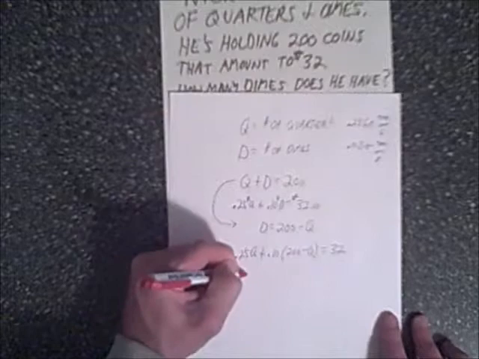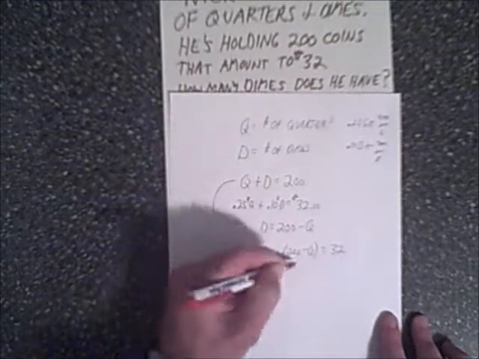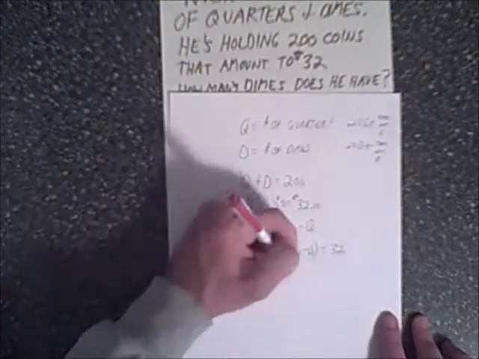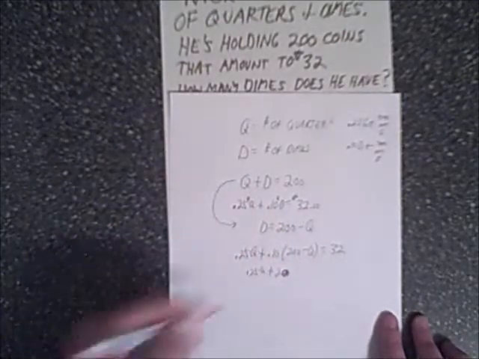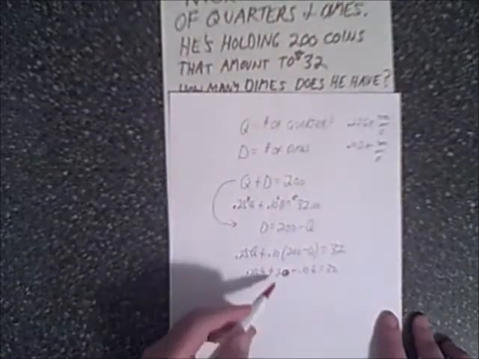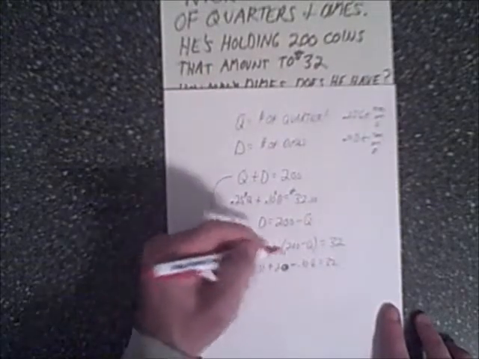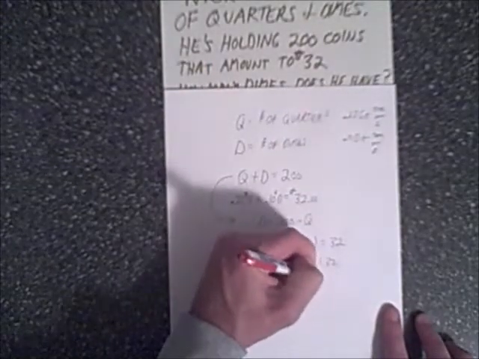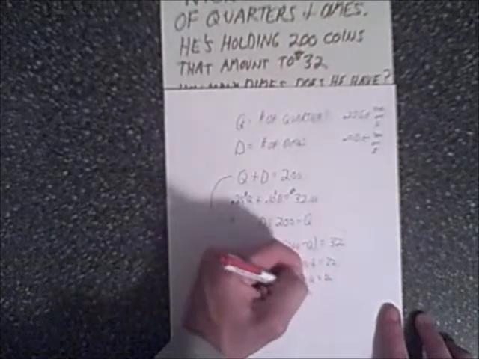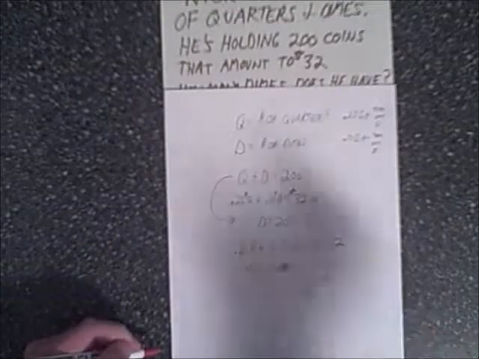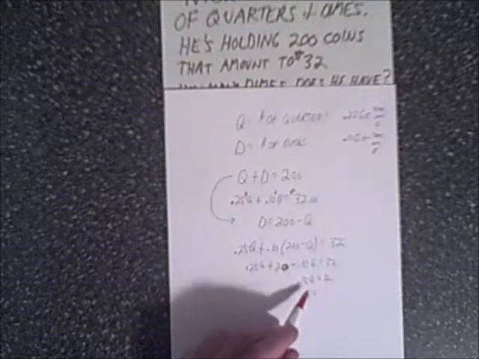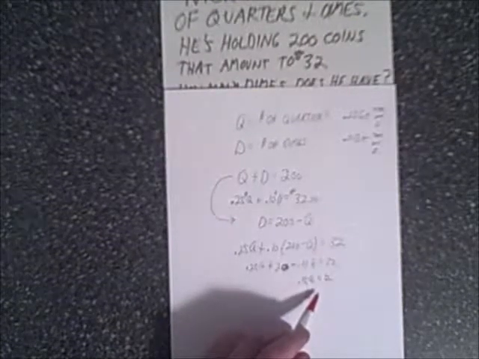This becomes 0.25 Q plus, distributing, 0.10 times 200 is 20, minus 0.10 Q equals 32. Then let's combine like terms. So this becomes 0.15 Q equals 12, in which case Q would equal... I don't have a calculator on me.